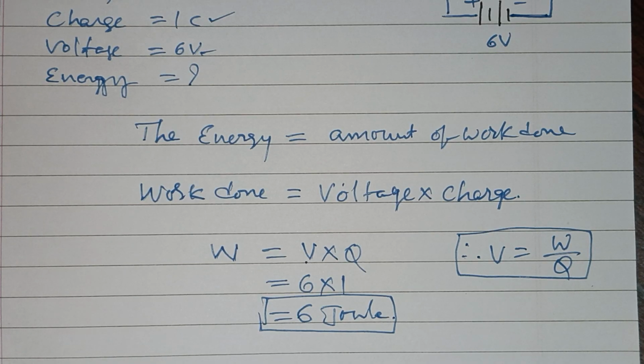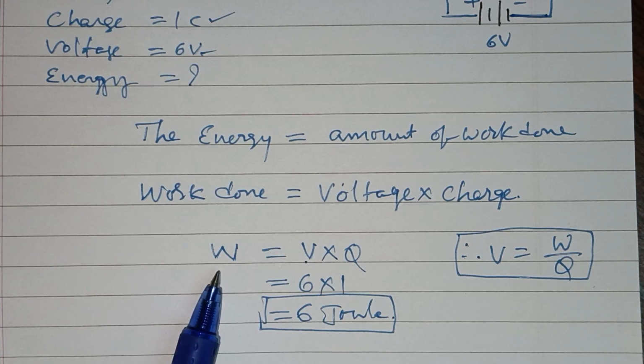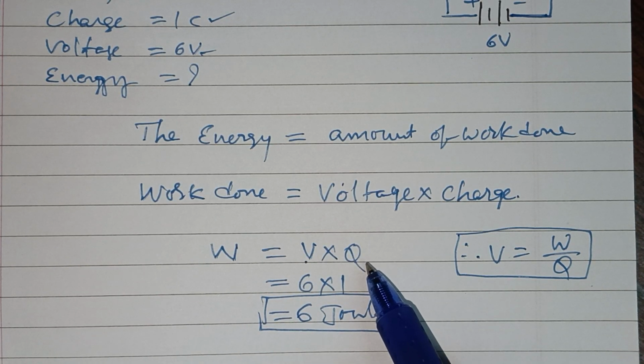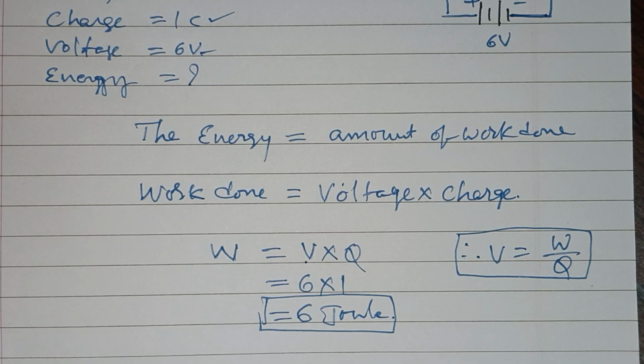Right? So here SI units are very essential, my dear friends. Work done SI unit is joules, potential difference or voltage is volt, and electric charge is expressed in terms of coulombs, right?